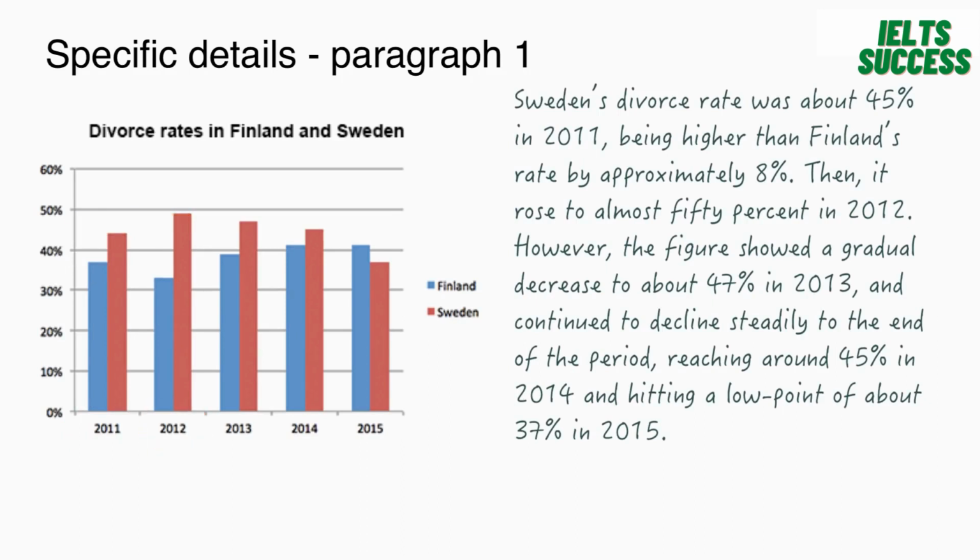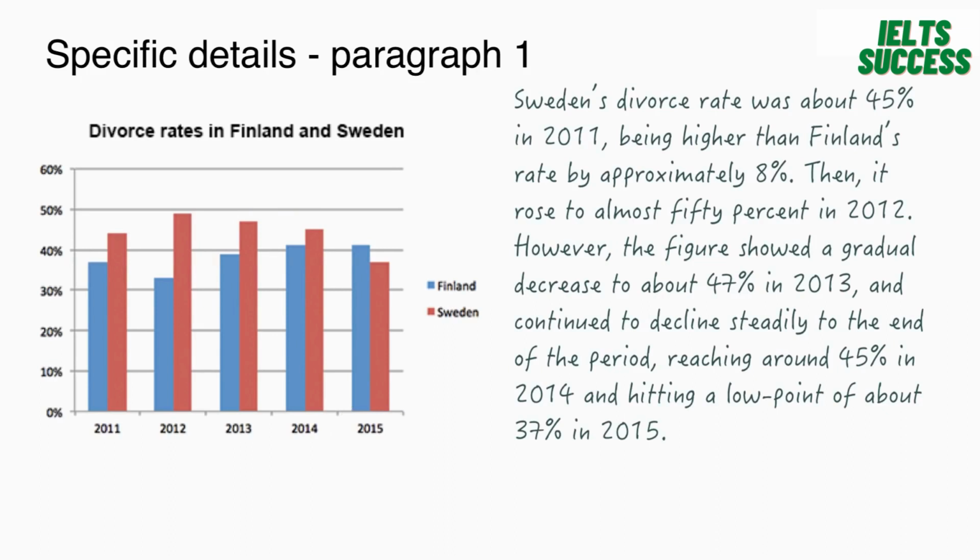However, the figure showed a gradual decrease to about 47% in 2013 and continued to decline steadily to the end of the period, reaching around 45% in 2014 and hitting a low point of about 37% in 2015.